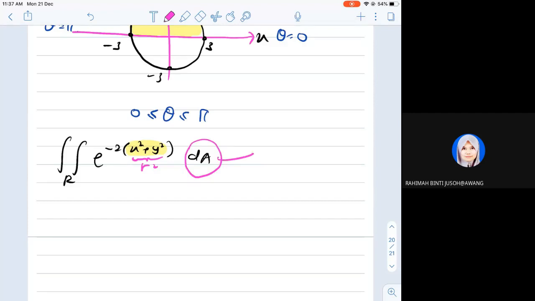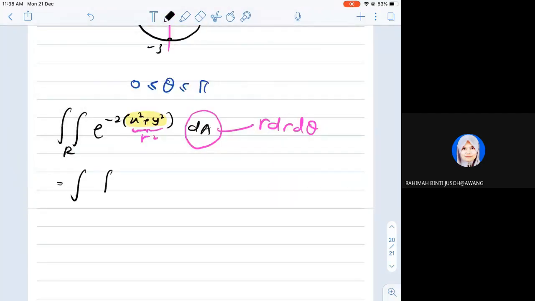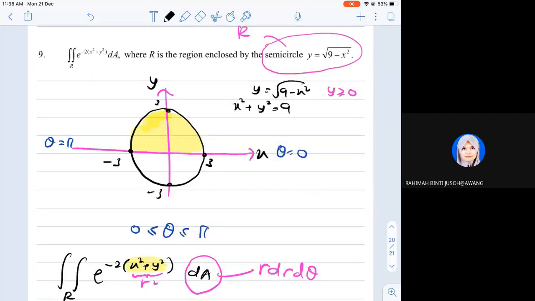Okay, and then dA is what? Remember, tadi saya dah pesan, dA ni berapa beradik ni? R dr d theta. Yes, r dr d theta. Okay, so let us convert this into polar coordinates. Okay, we have exponent negative 2r squared, and then we have dA is r dr d theta. Okay, now the limit of radius, r from where to where, according to this graph?